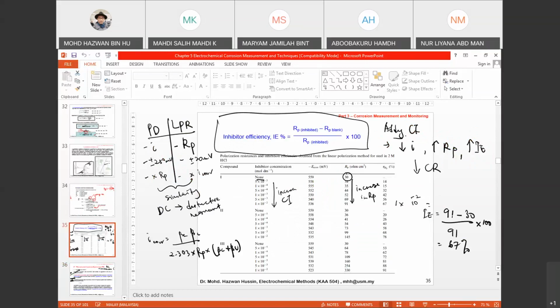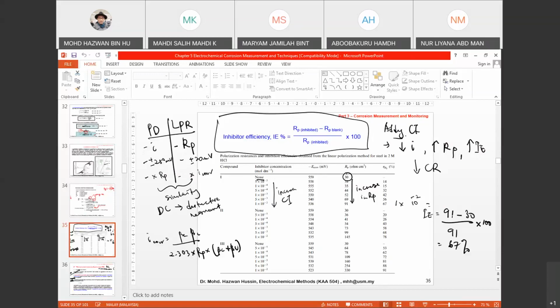I think last week someone asked, maybe Liana, if we have I corr from potentiodynamic polarization and also RP from LPR, or we calculate the I corr value, which one should we use to calculate inhibition efficiency?